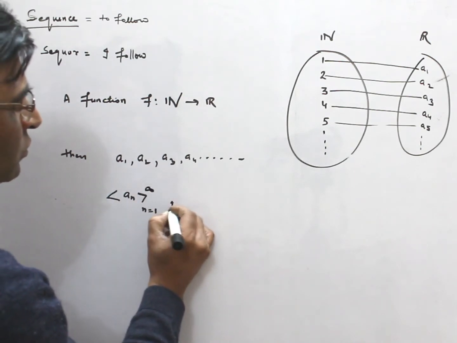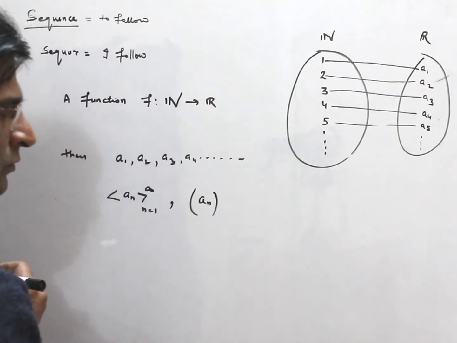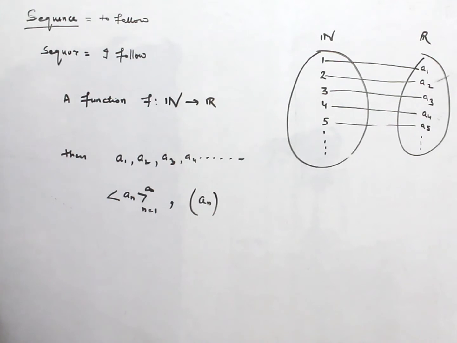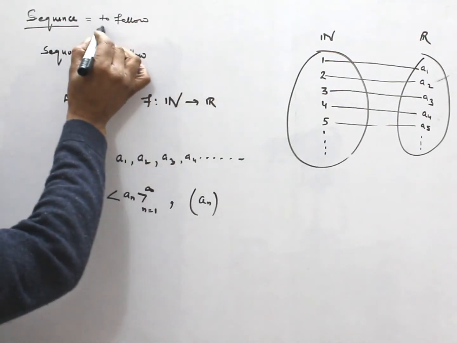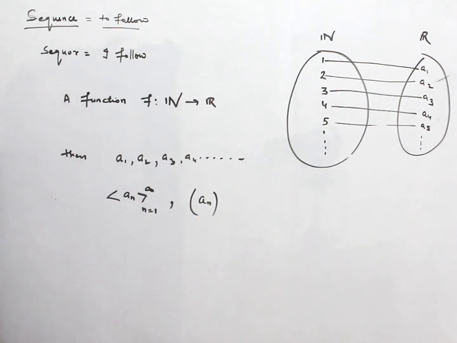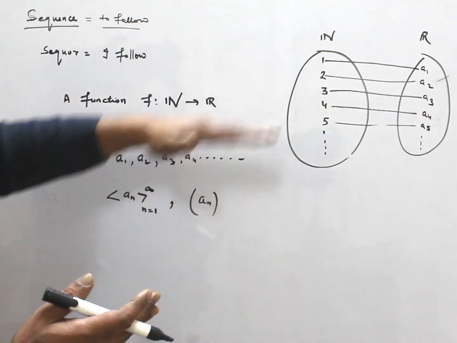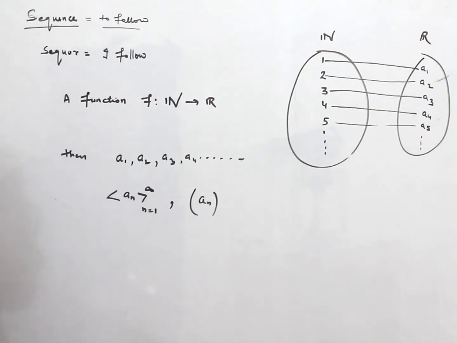Also, we simply use the notation an. Now, this is the definition of sequence, and the meaning is to follow. Now, where is this sequence following? This sequence follows some point. Finally, we reach some point. That point we call the limit of the sequence.